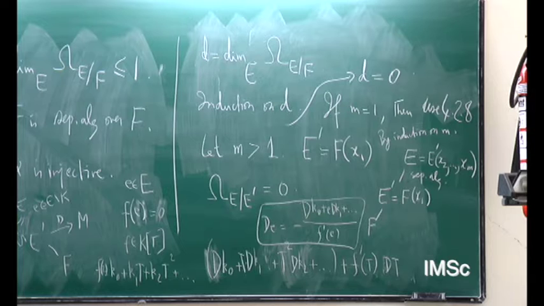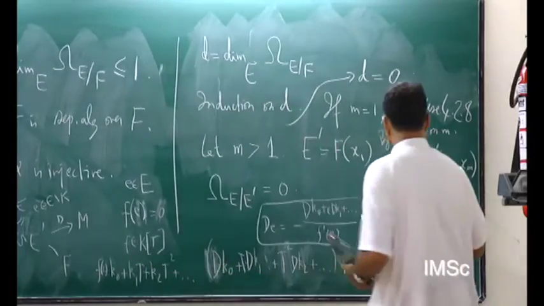Then omega u over F will be 0. E prime over F is 0, yes. And then by the first case, we know that E prime over F is separable algebraic, yeah, correct, indeed, exactly, yeah.